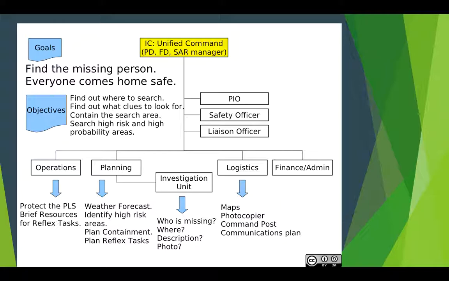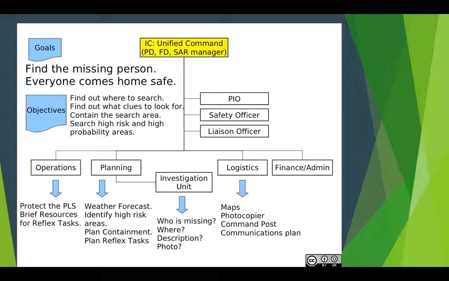When looking at the difference between operation, planning, and investigation, you can see from here that there are specific items that these particular organizational units will be engaged in from the beginning. Operations from the beginning would be primarily responsible for protecting the point last seen. That's what PLS means. Briefing resources being those who are going to go out in the field for reflex tasks.